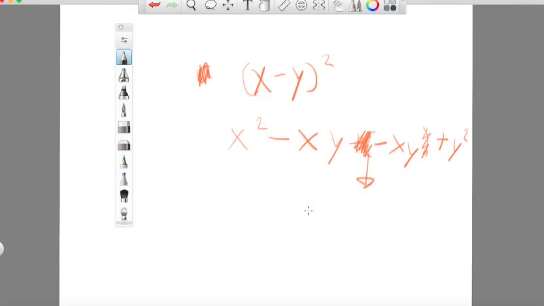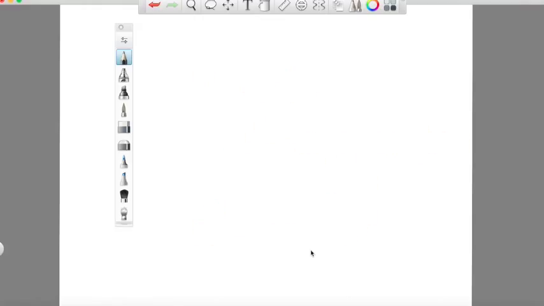So we have x squared plus, no, dang it, x squared minus 2xy plus y squared. Not simple enough, right?